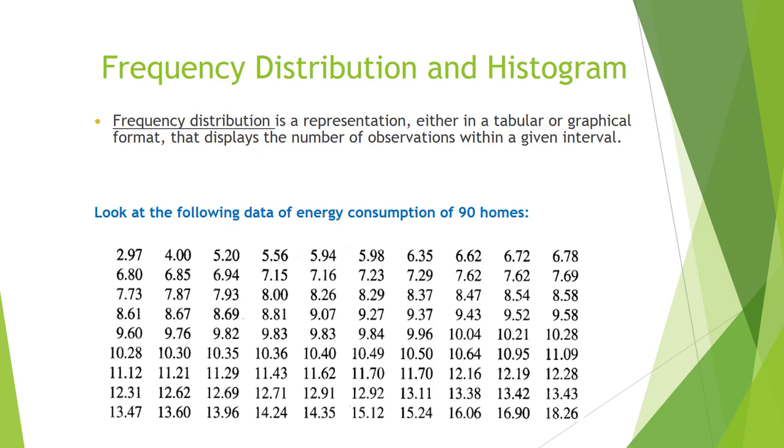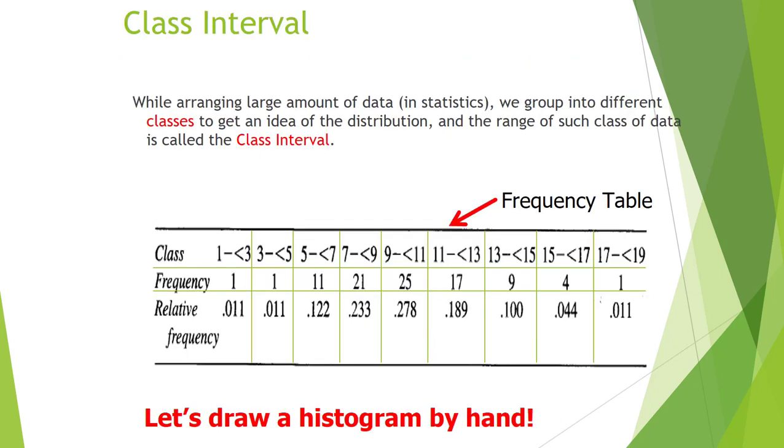I have 11 homes with energy consumption between 7 and 9, I'm sorry, 5 and 7. So I put 11 homes here. I will do the same, going back and forth to count how many homes I have in each interval, or in each of these classes. So I put all those numbers here.